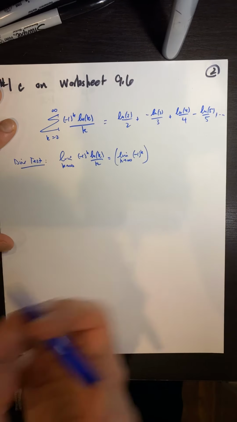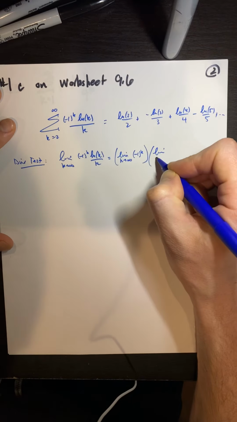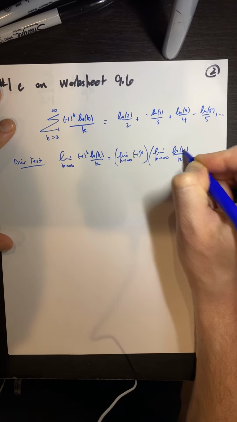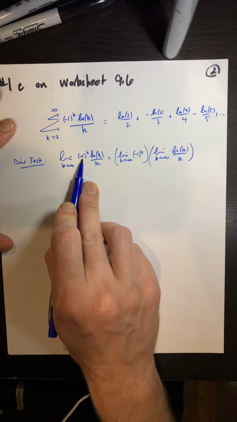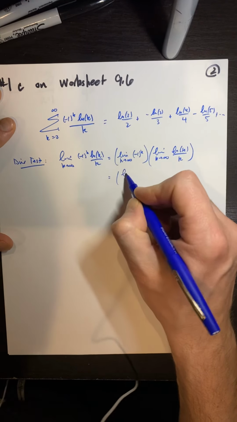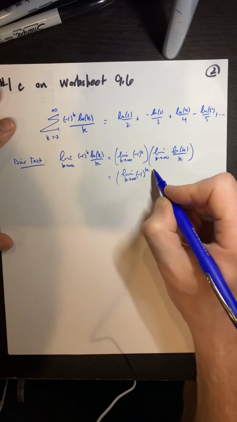That's just going to be the plus minus that flops back and forth. But I can also do the limit as k goes to infinity of ln of k over k. So I can do the multiplication of these two. I'm applying the limit to this, and then I'm applying the limit to that. That's one of the limit laws, and that's completely fine. So I know that this limit here doesn't really exist, it's just the plus and minus sign.